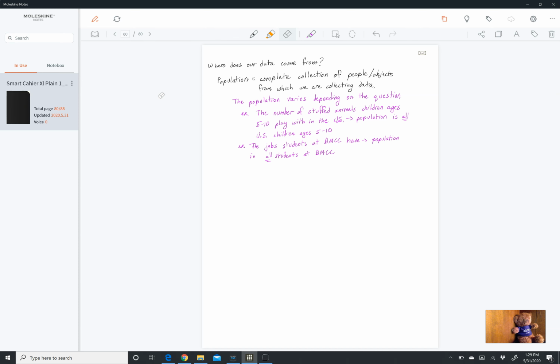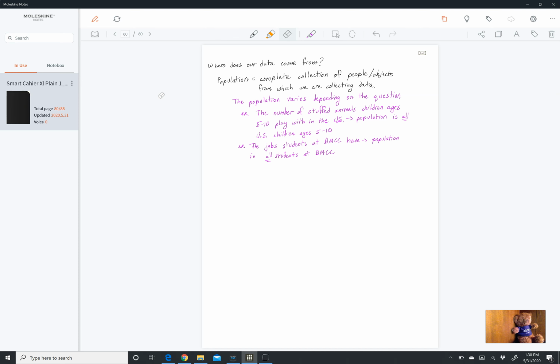So because of that, and also think about the sheer number of pieces of data that we would have, right? There are 25,000 students at BMCC, or upwards of 25,000 students. Sometimes that can be a tremendous amount of data to collect and to deal with. So we don't really always take all of the data from a population.